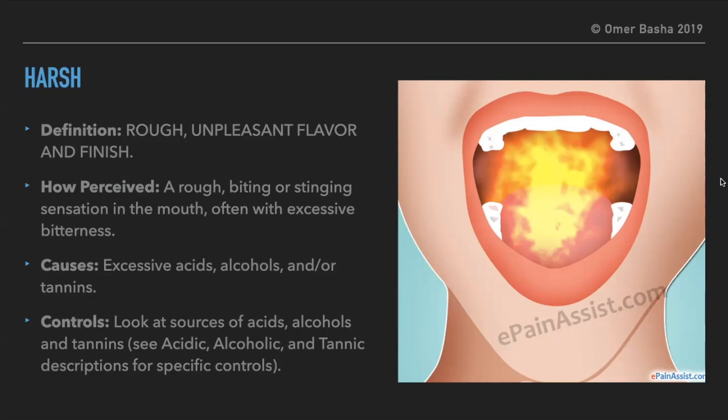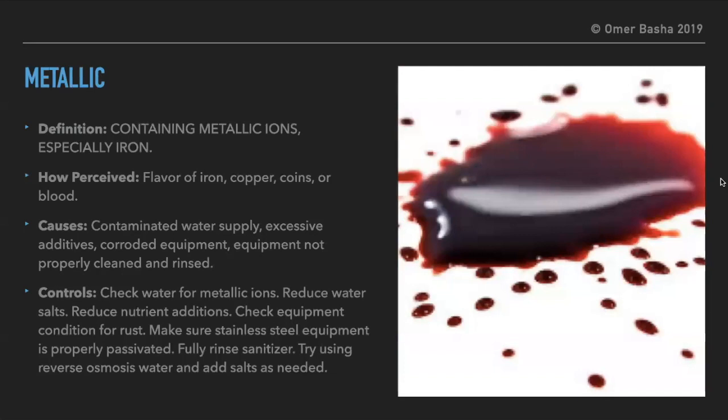The next flavor we're going to discuss is metallic. Metallic is defined as containing metallic ions, especially iron. It's perceived as the flavor of iron, copper coins, or even blood. The causes are contaminated water supply, excessive additives, corroded equipment, and equipment not properly cleaned or rinsed.